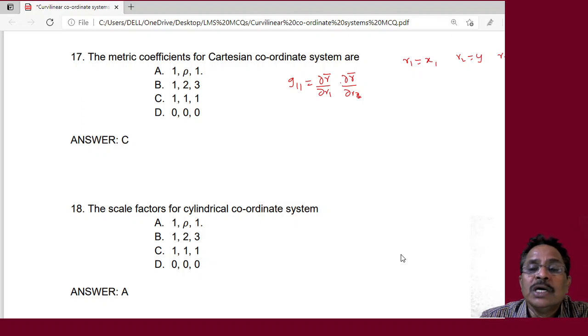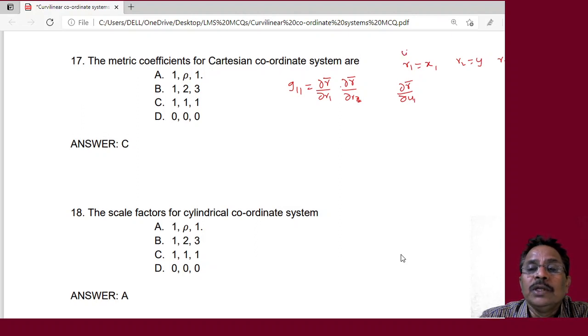Some books use ∂r̄/∂u1, so u1 is equal to x, u2 is equal to y, and u3 is equal to z. So either you can take r1, r2, r3, or you can take u1, u2, u3.